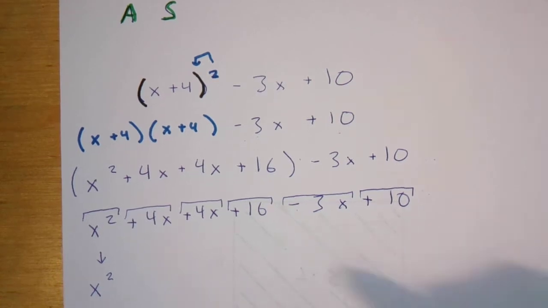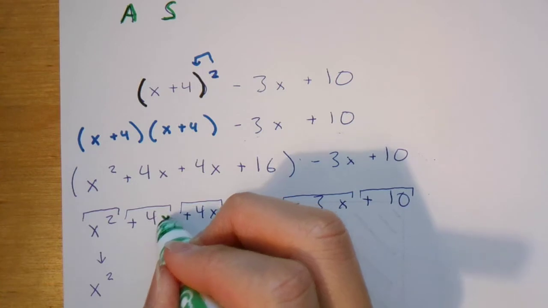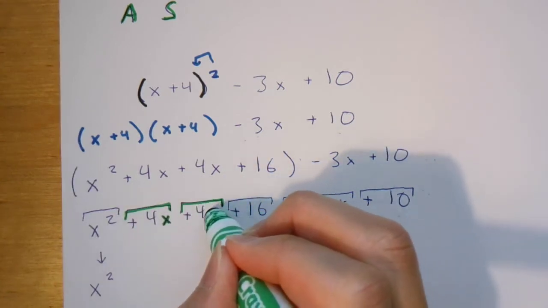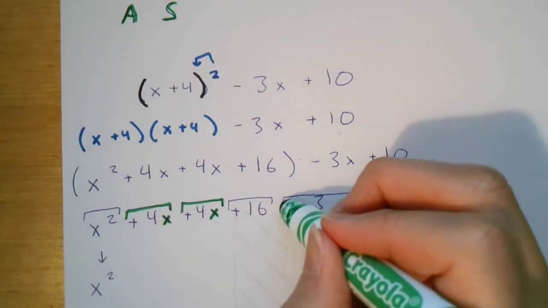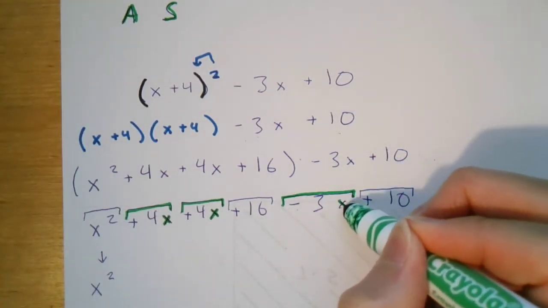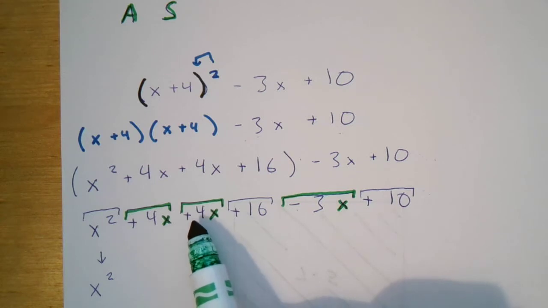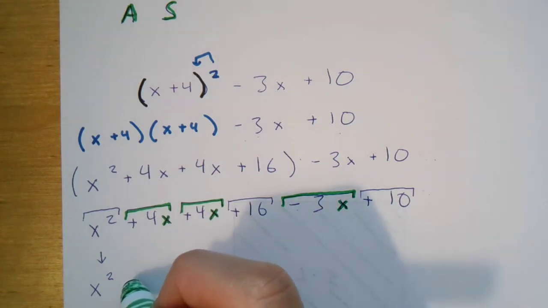However, this term has an x, this term has an x, and this term has an x. And all of them have the same exponent, which is 1. So positive 4 plus 4 minus 3 becomes positive 5.